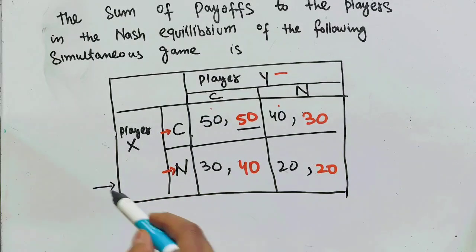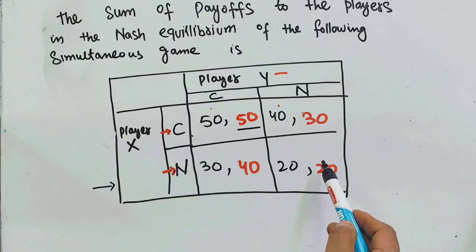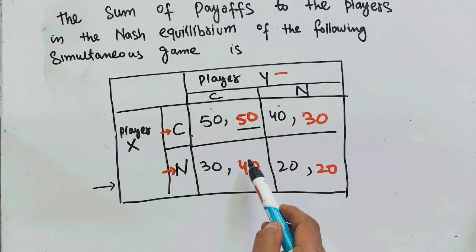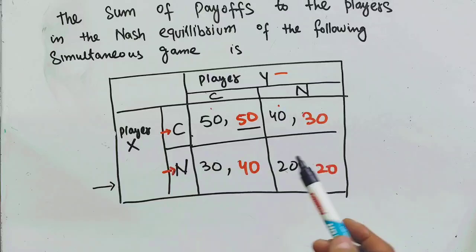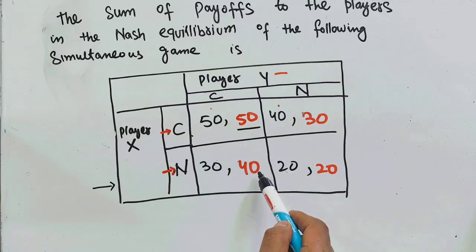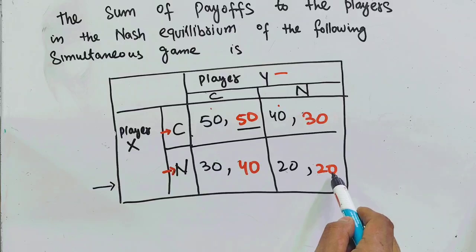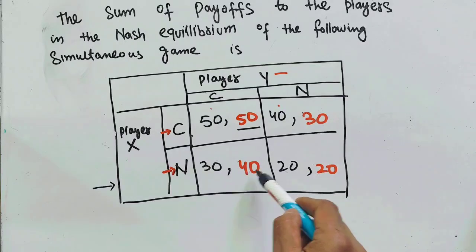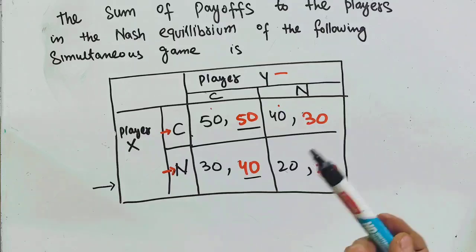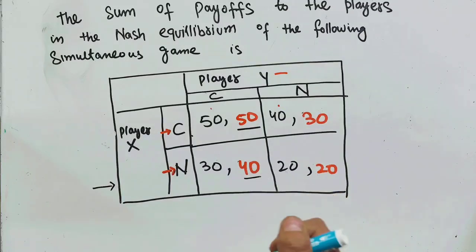Likewise, let us see when player X chooses to not to cooperate. Again, player Y has two options, either to cooperate or not to cooperate. Cooperate gives him 40 as payoff, not to cooperate gives him 20. Obviously 40 is greater than 20. Since we assume that the players are rational, they will choose higher payoff.